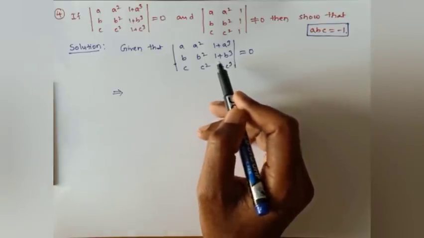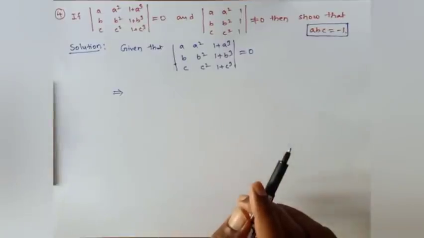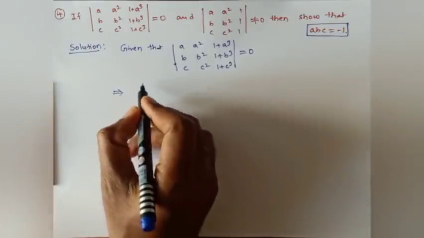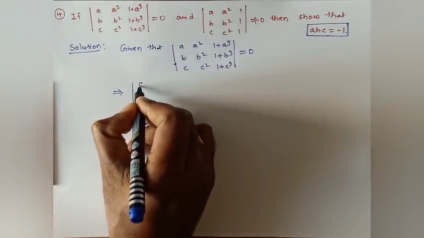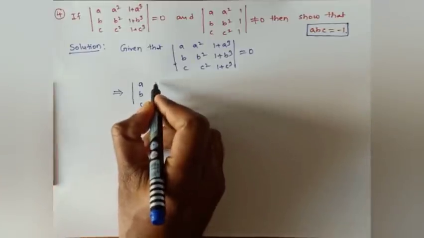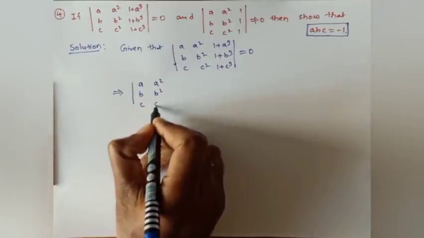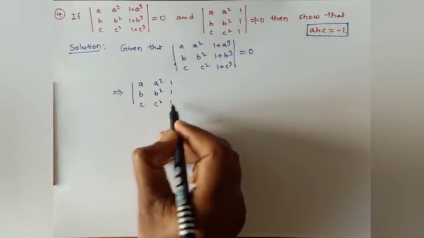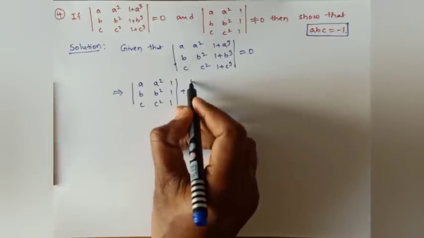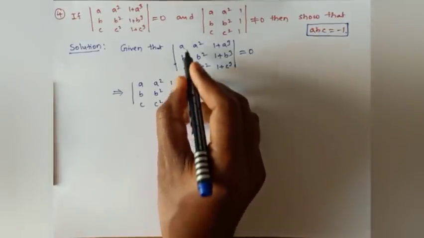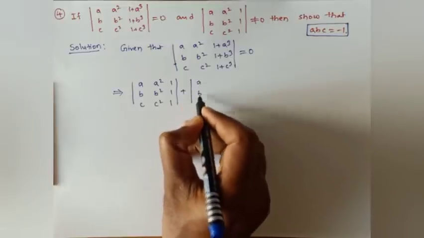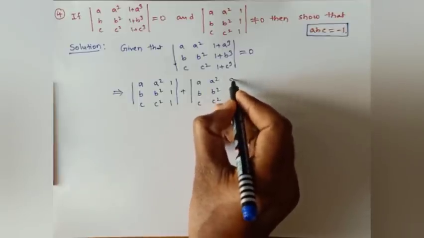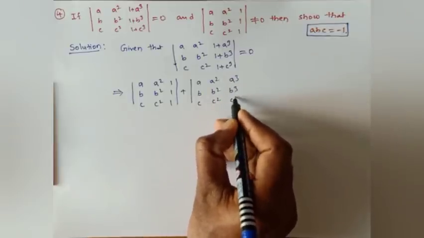So we can express the determinant as the sum of two other determinants. That is a b c, a square b square c square, and here I am using the first terms 1 1 1, plus determinant of, now these elements are same, so it is a b c, a square b square c square, and this is a cube b cube c cube.